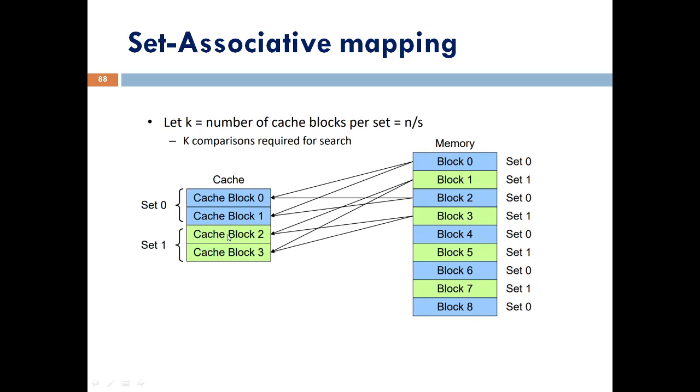So here the processor can search in this k number of lines in a set instead of searching in all the cache memory block lines. It can search only the k number of lines in the cache memory.